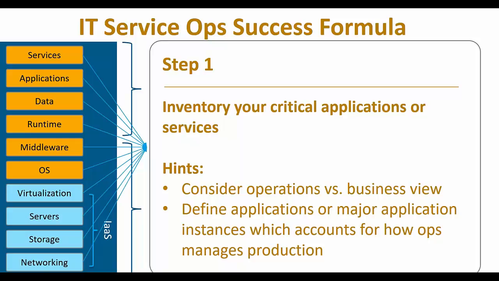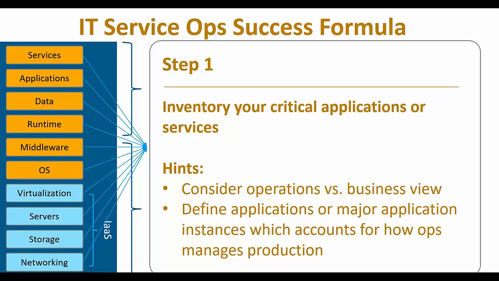From an IT service operations point of view, you need to really consider the operations view of an application or a service versus the business definition of an application or service. I've been to many, many meetings about what is an IT service, and you can quickly fall into that rat hole about defining your business services. Put that all aside. Consider this strongly from an operations standpoint.